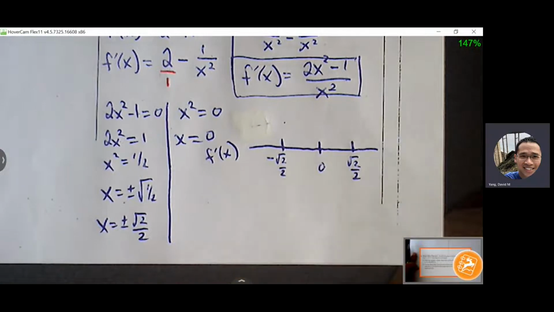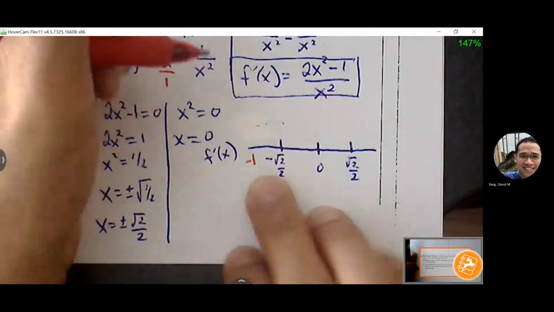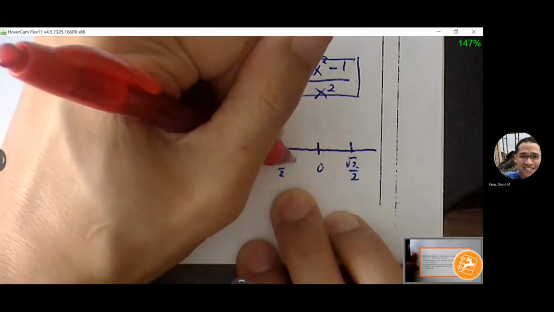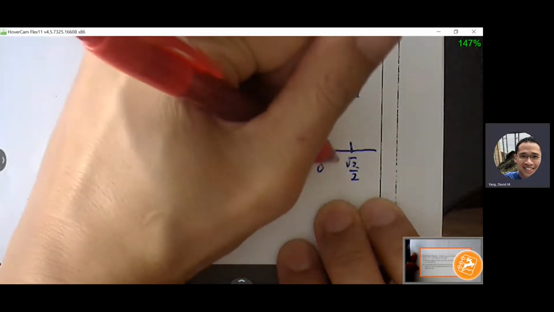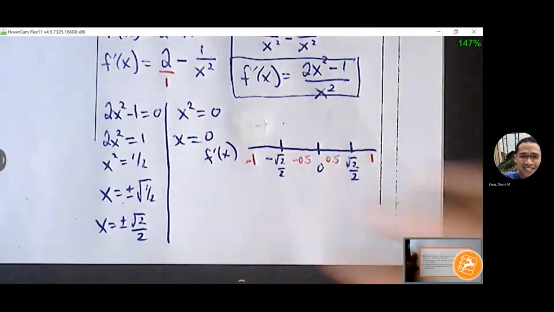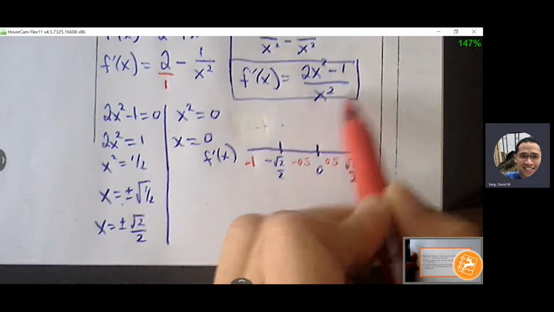But this is around negative 0.7, so I'm going to choose -1 to the left. Then I'll choose negative 0.5, and 0.5. Okay, they're all going to get inserted into the derivative function.